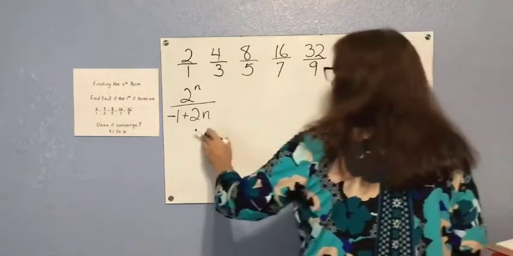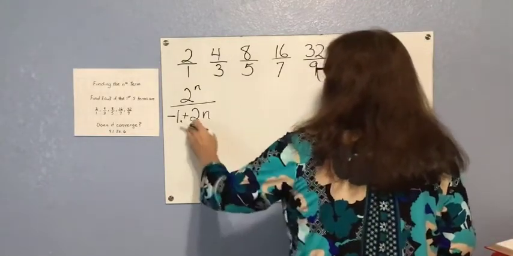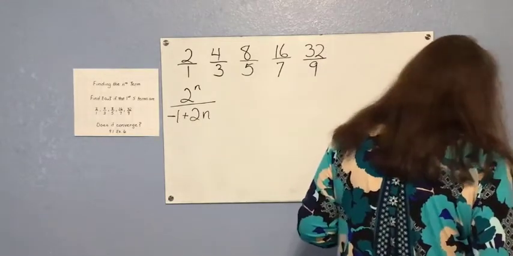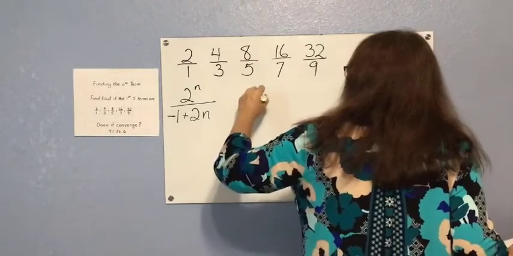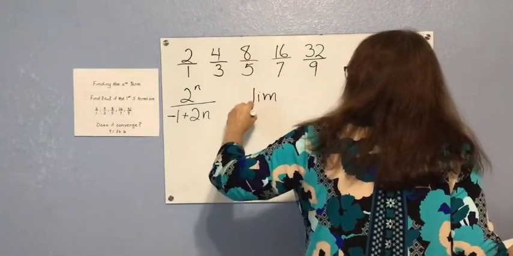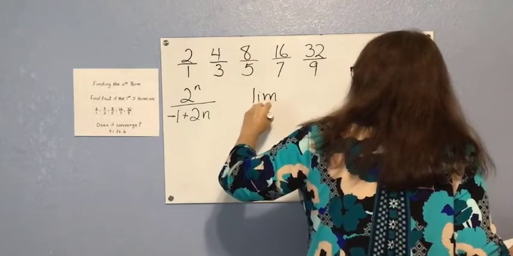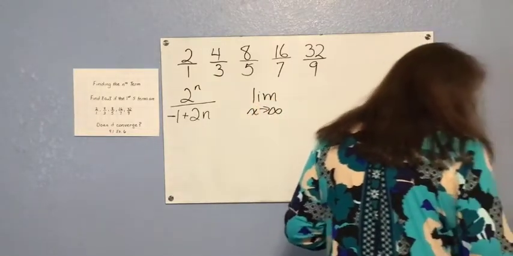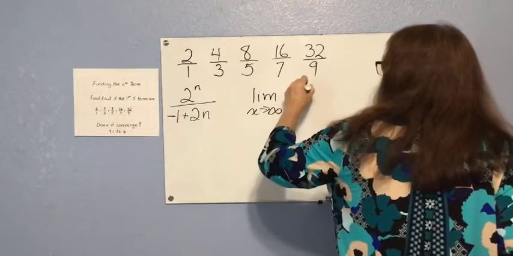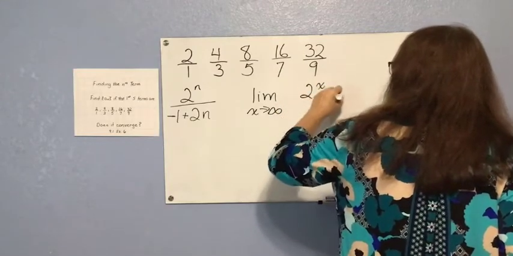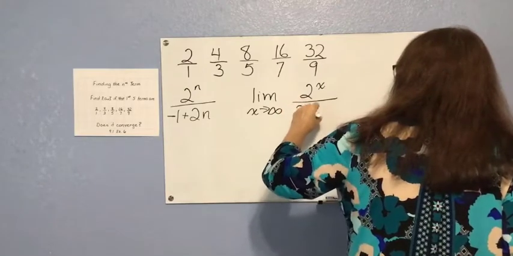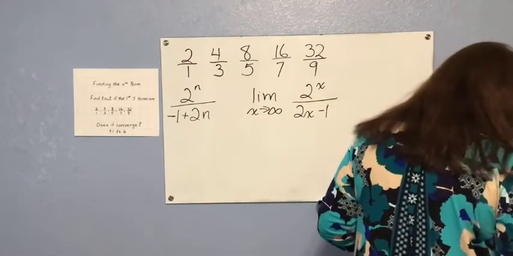Okay. Now I want to determine, does this converge? I'm going to take the limit as x goes to infinity of 2 to the x. I'm going to rewrite this as 2x minus 1.